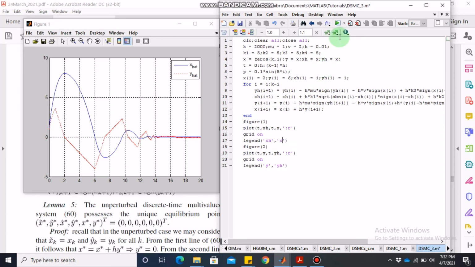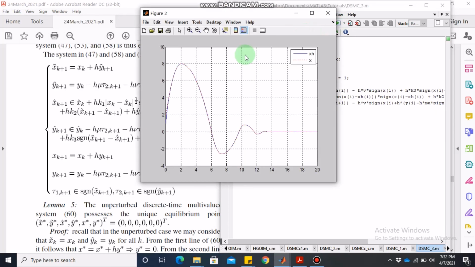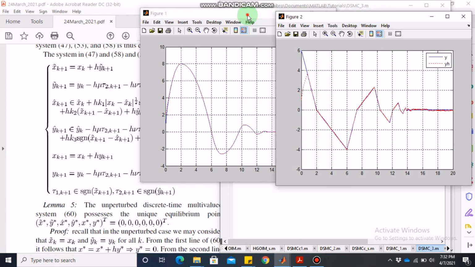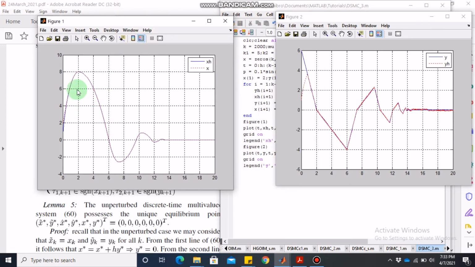We run this file, and you can see here that the state estimation is quite good. This is x hat and x, quite good tracking, and similarly this is y hat and y. Although initial conditions were different, the estimate of y, which is y hat, caught up to the actual value of y, and the things are good and we are happy.